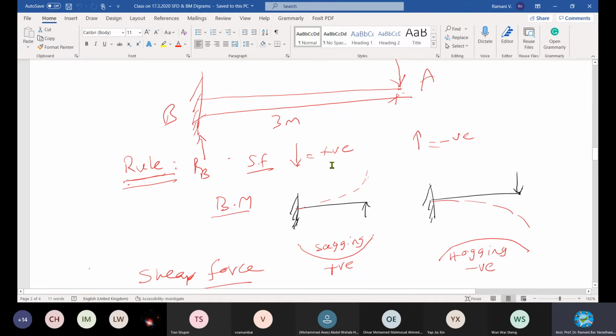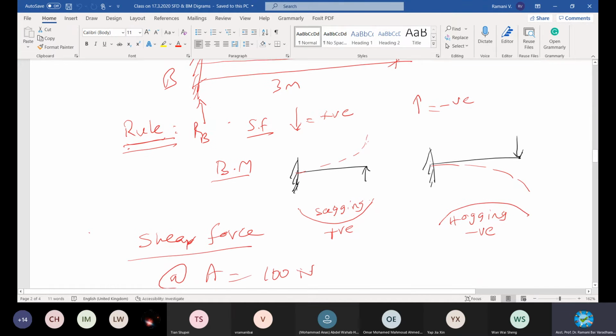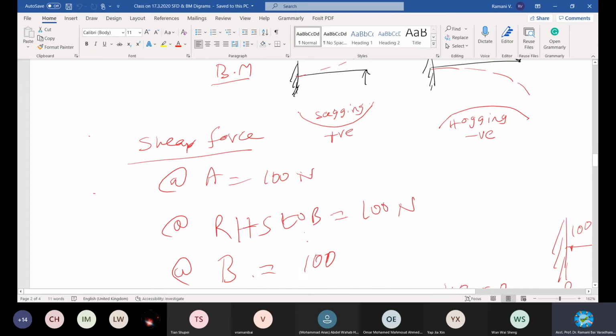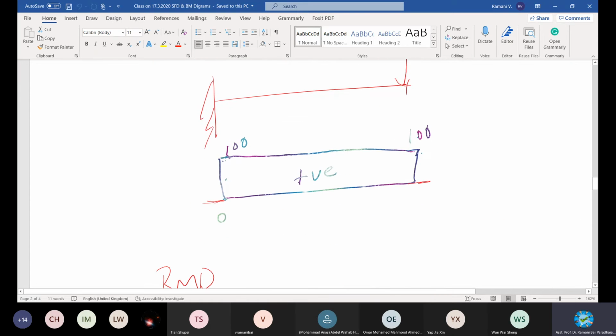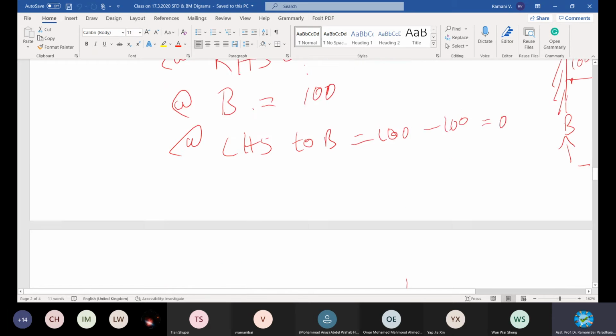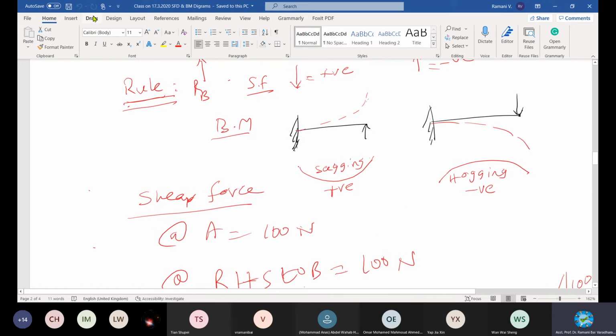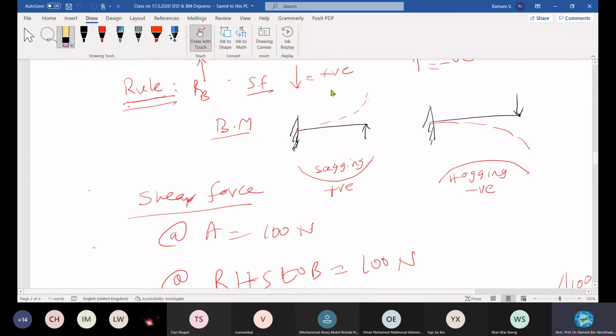Shear force diagram. What is it? Positive downward. One moment. How do I take it? Positive upward, I have to correct here.